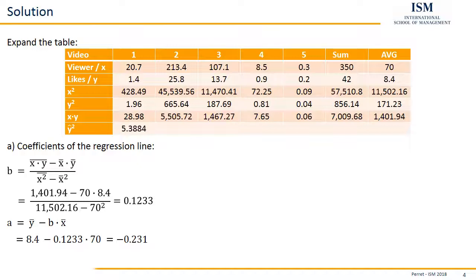So I see here the result of this would be 5.3884. Then I do the same thing for the 213.4. I insert this, so I multiply this with 0.1233 minus 0.231, and the result is squared, giving me a result of 680.229. And we do the same thing for all 5 observations, and as before we sum them up and divide them by 5, giving us the average value.